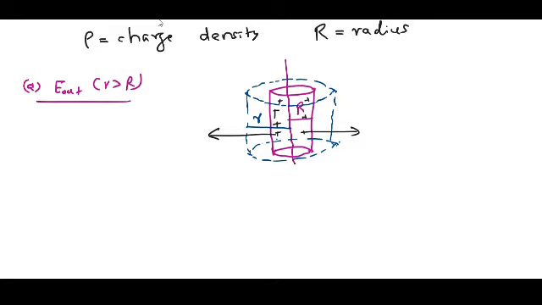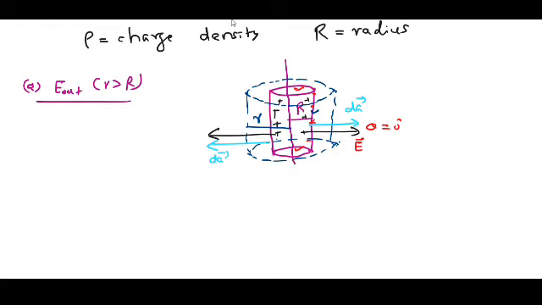This cylinder has two curved surfaces like this one, and two flat end surfaces. The area vector of these surfaces can be drawn like this, and for the curved surface, the electric field E and the area vector make an angle theta equal to 0 degree.